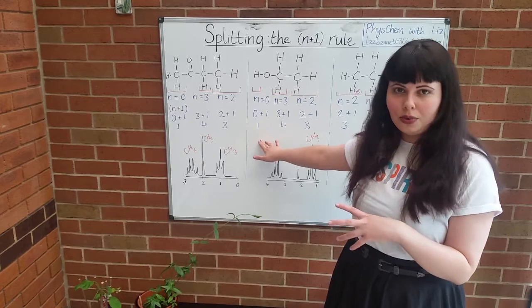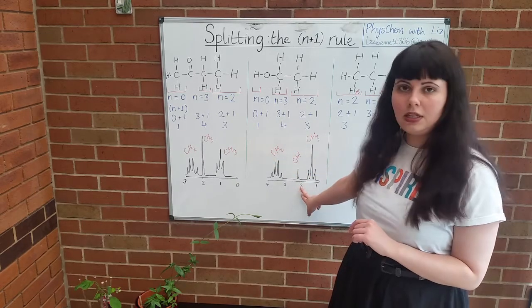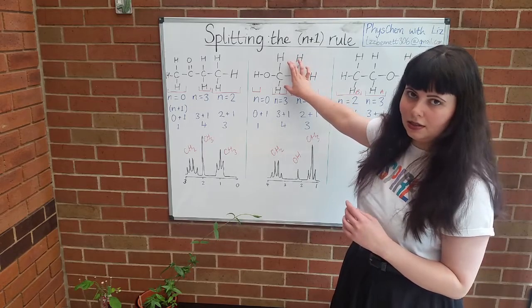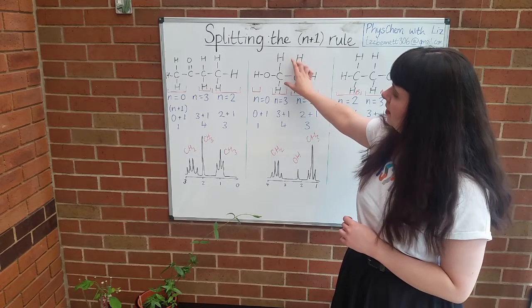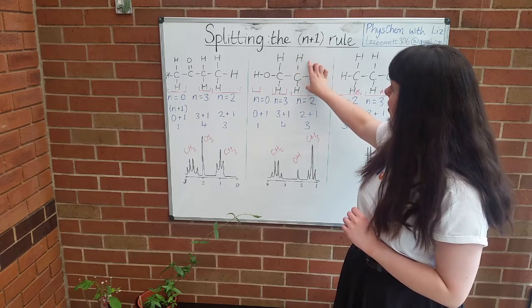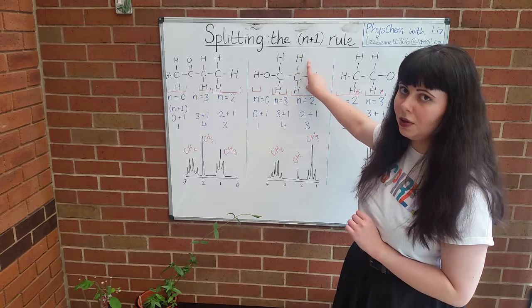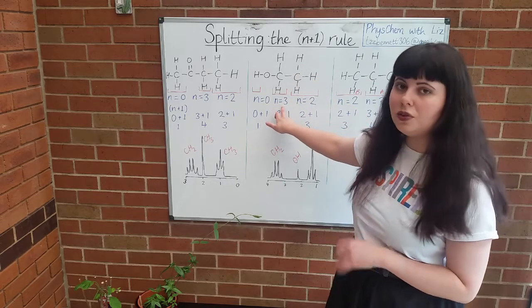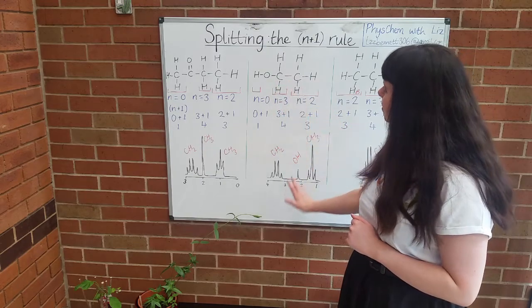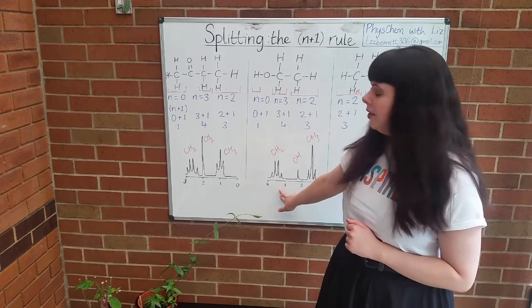So that alcohol proton gives rise to this singlet here. Moving on to the next proton environment, we have a CH2. These are next to 3 adjacent protons on the CH3. So n equals 3, 3 plus 1 equals 4. This CH2 is responsible for this quartet.